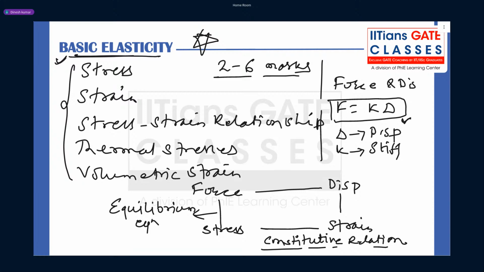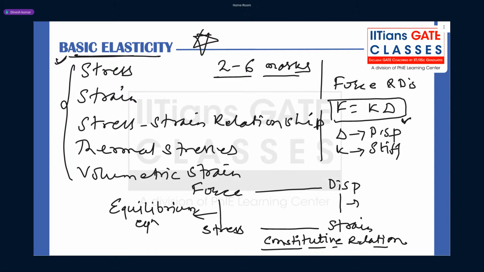Now, guys, displacement and strain we all know, right? Strain can be written in terms of displacement, right? You all know epsilon x is dou u by dou x, epsilon y is dou v by dou y, and epsilon z is dou w by dou z. Here u, v, w are the displacement field, right?